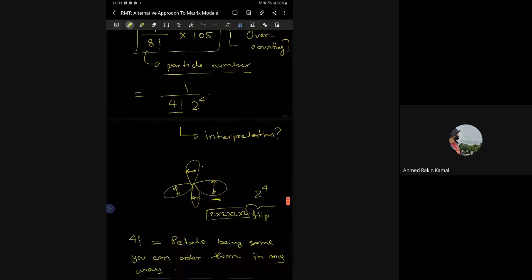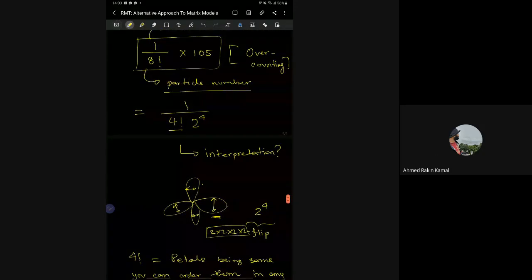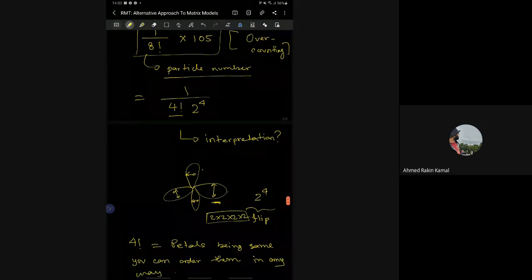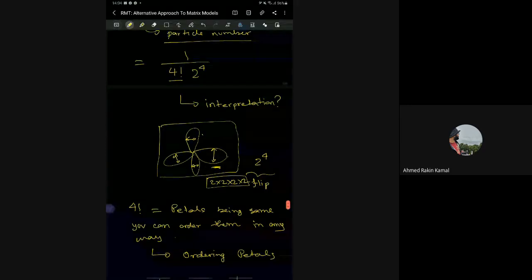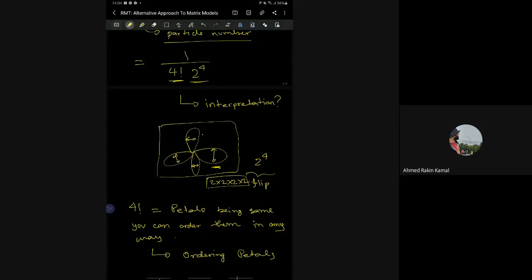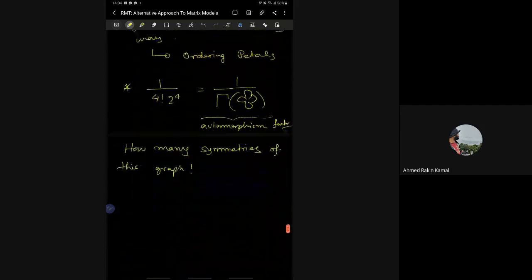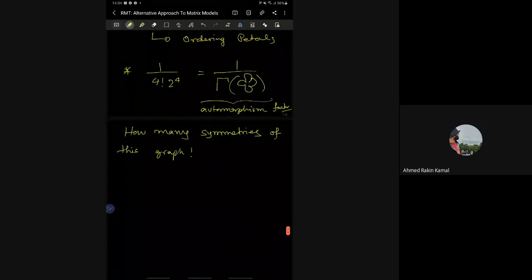So we have converted the particle indistinguishability into a symmetry of the graph. On the right-hand side, we have a symmetry in the sense that they're the same. We can perform a flip operation. We can perform ordering of petals. And that would leave my graph unchanged.